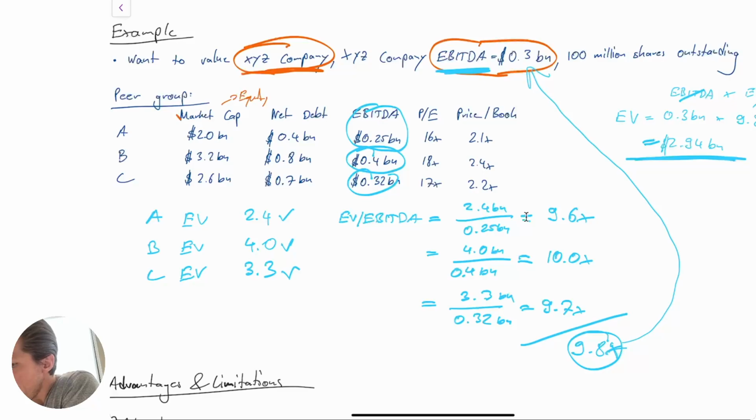So company XYZ is somewhere in the middle between A and C. And it makes sense because the EBITDA figure is very close to 0.32 billion, very close to this one. So it is close to 3, which it is. We are at 2.94. That's all we do.